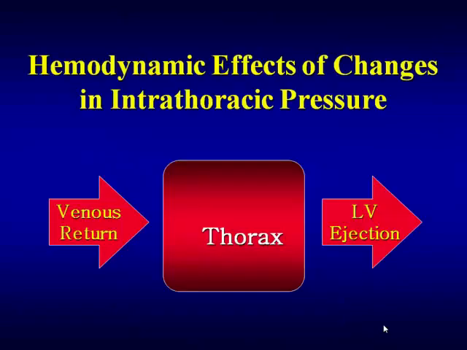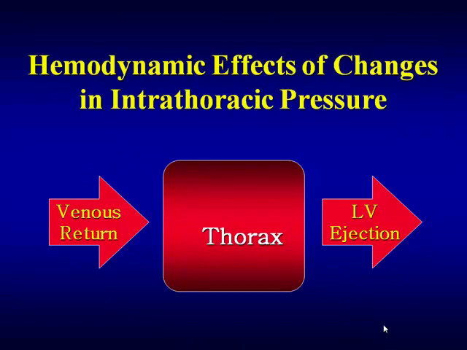Okay? Since all those effects can be explained by the changes in intrathoracic pressure, we're now going to switch from changes in lung volume to changes in intrathoracic pressure. And for you to understand how changes in intrathoracic pressure alter cardiovascular function, you have to accept the following hypothesis. The hypothesis is that the heart is in the chest.